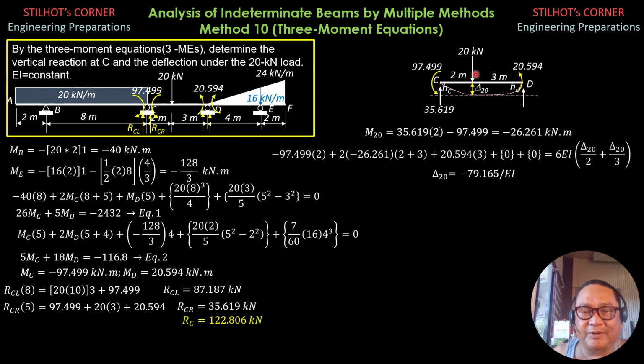So that delta 20 there would be positive because the reference would be above, and hC and hD, which is equal to delta 20, would be below, so negative. So negative of negative would be positive. So delta 20 is positive 79.165 over EI. So that's it for this video.